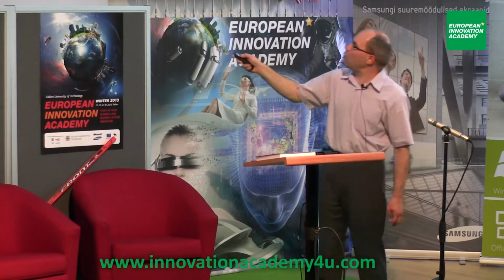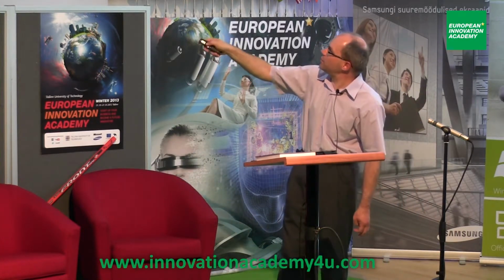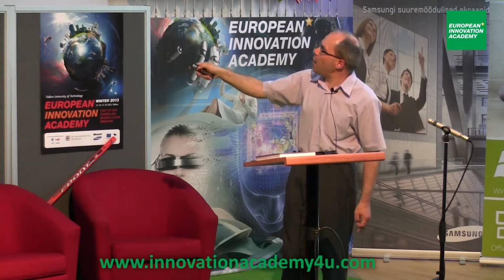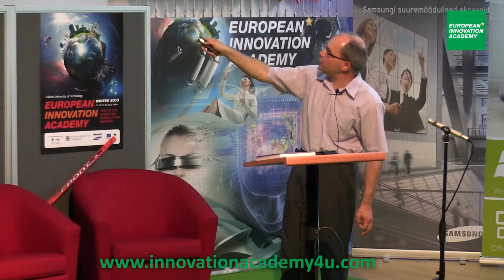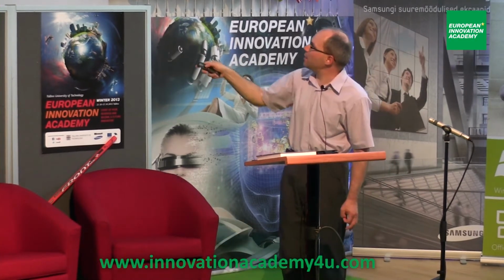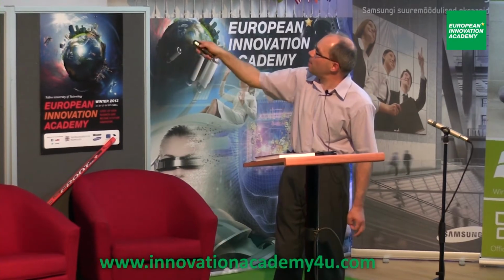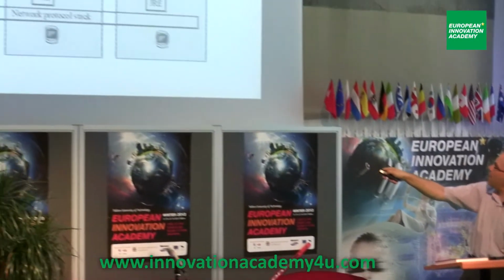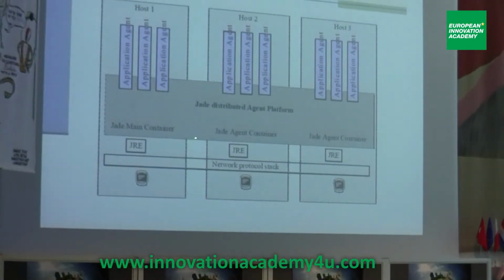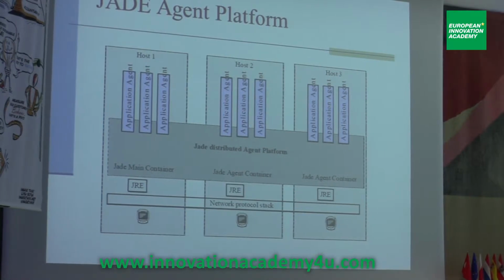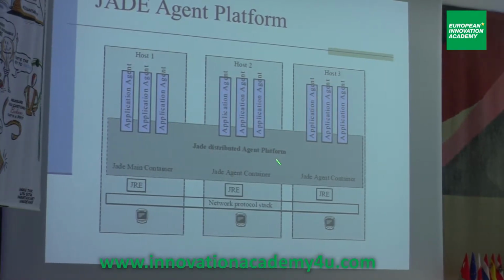Here is how it looks. There are different hosts, like your laptops here, for example. One host can run several Jade agents. These are those application agents here. On each host there is one container, and one of the containers has to be a main container, which is the one where the multi-agent system is managed, and the others are just agent containers.